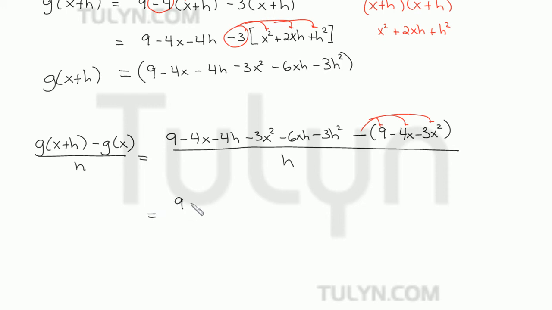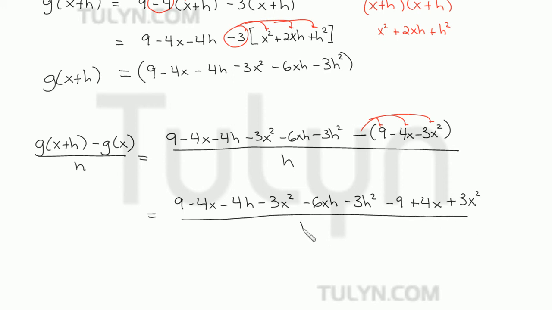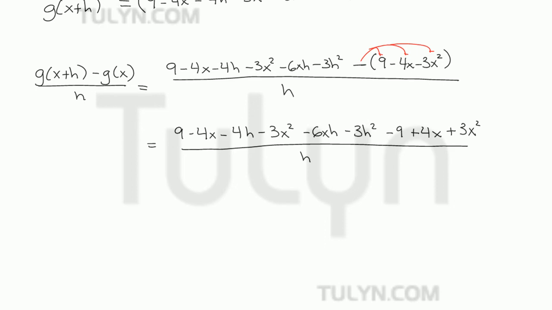So this is equal to this monstrosity, g of x plus h again: 9 minus 4x minus 4h minus 3x squared minus 6xh minus 3h squared, and then minus 9 plus 4x plus 3x squared, all over h. Now we have to find things to get rid of to make our lives a little simpler.